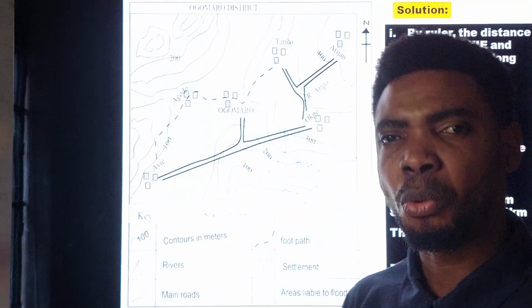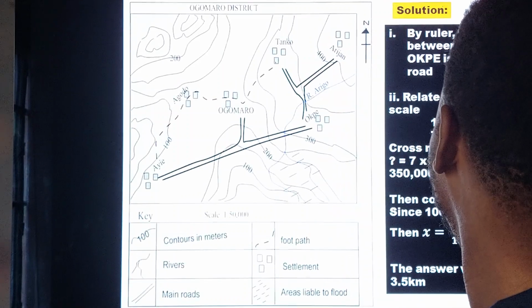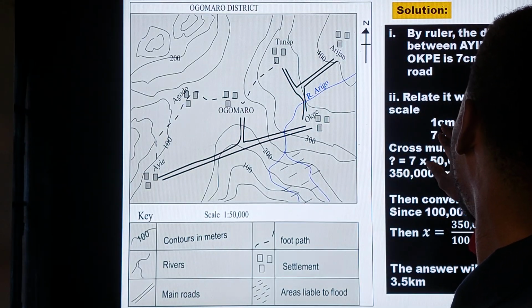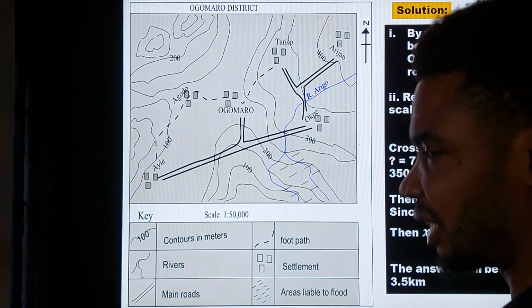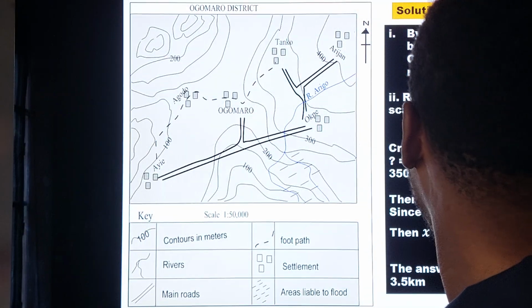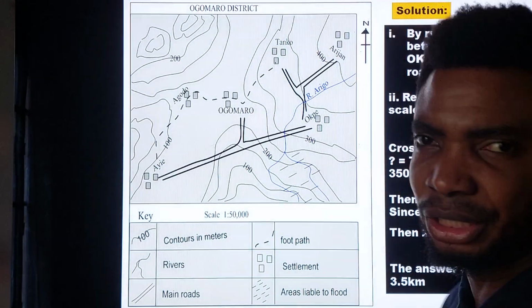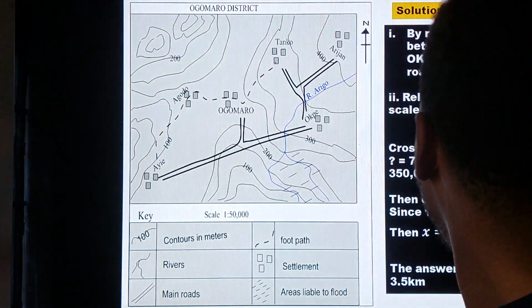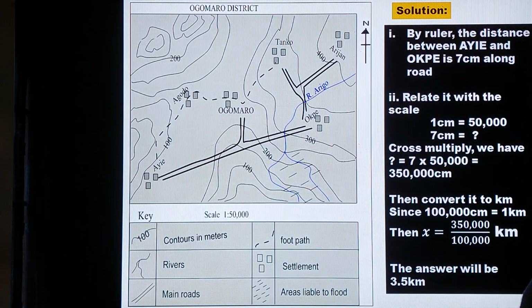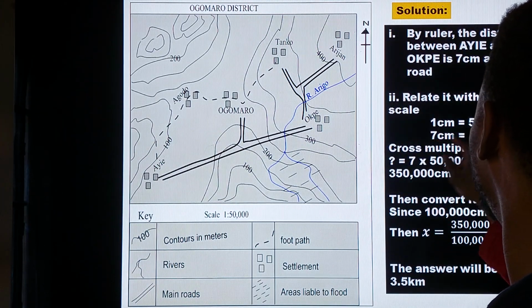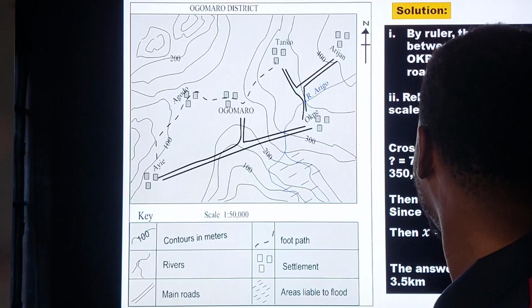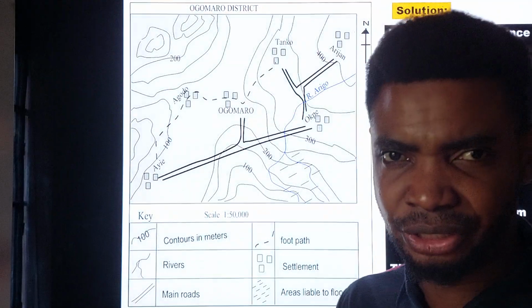So what do you do? You say 1 centimeter equals 50,000, 7 centimeters equals what? Then you cross multiply. When you cross multiply, what you get is 7 times 50,000, and that will give you 350,000.